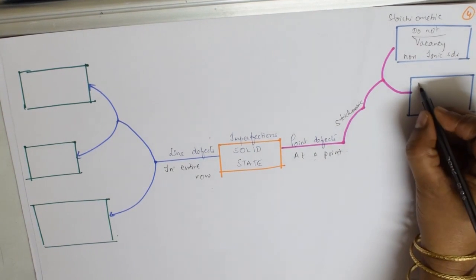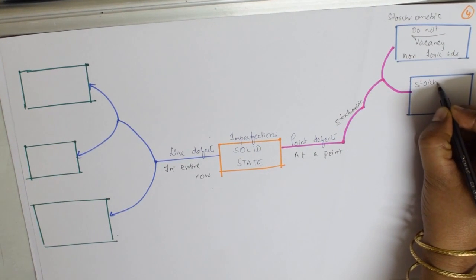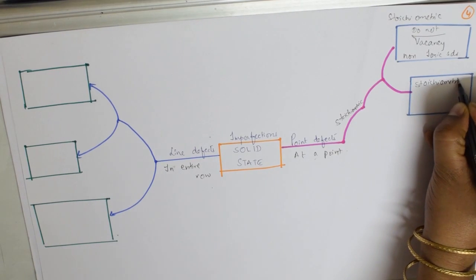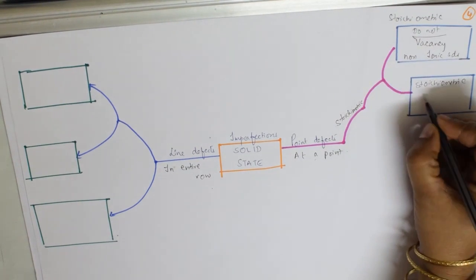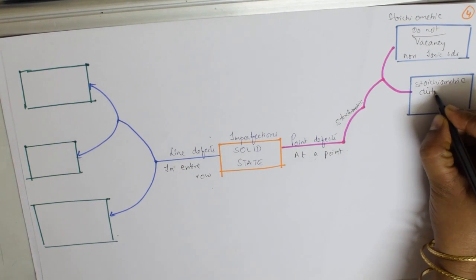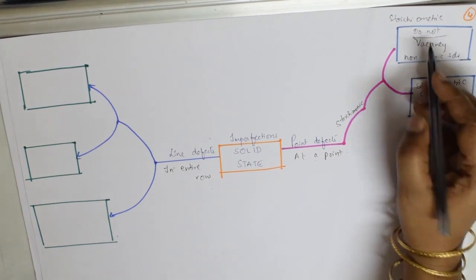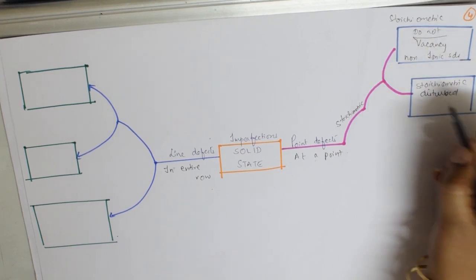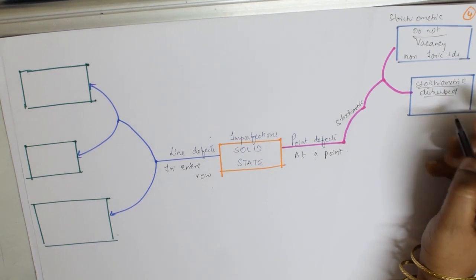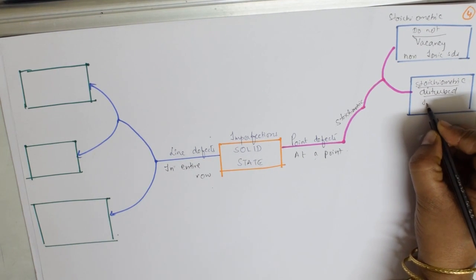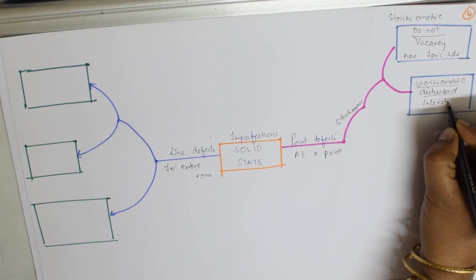Suppose the stoichiometry is disturbed. Here, not disturbed is vacancy, which I have written. If the stoichiometry is disturbed, then you have to remember it is an interstitial defect.